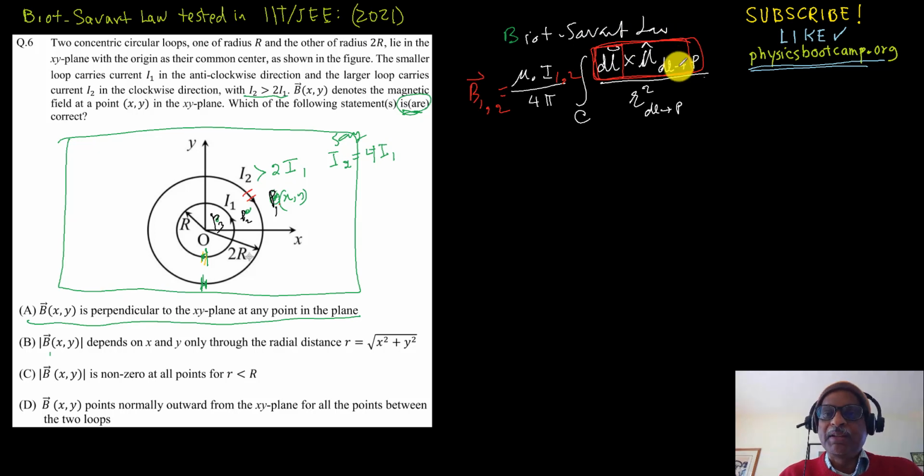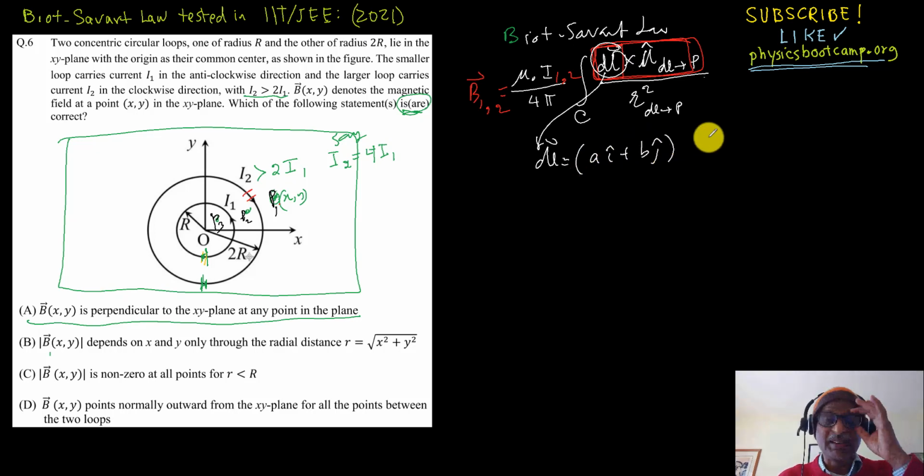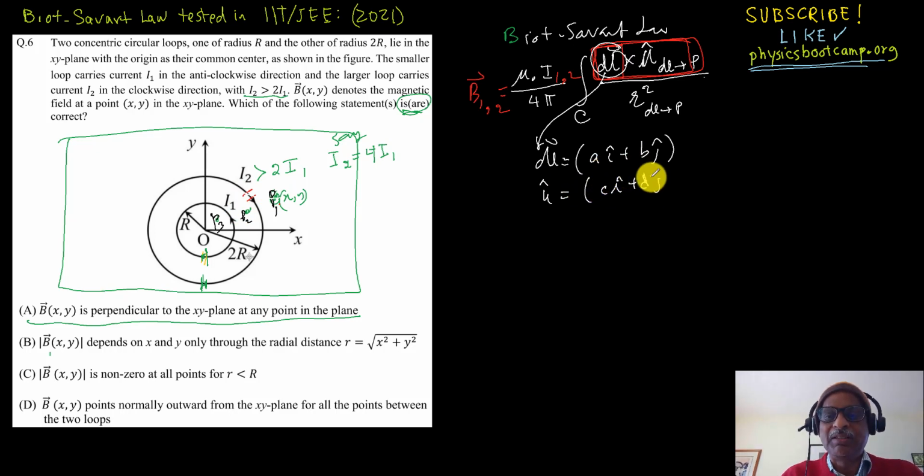So what is dl? dl is in the xy plane. So dl is some a i hat plus b j hat, something like that. And u hat is also in the same plane, so this is c i hat plus d j hat.